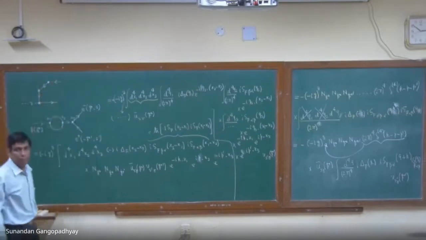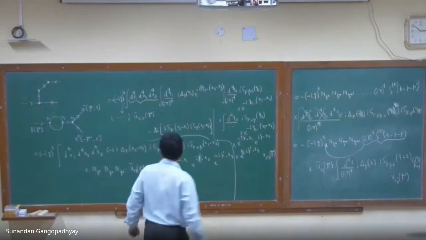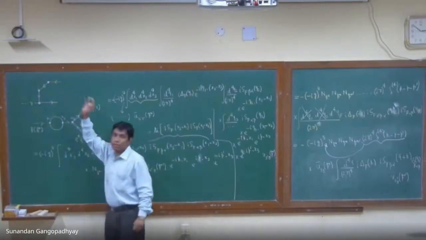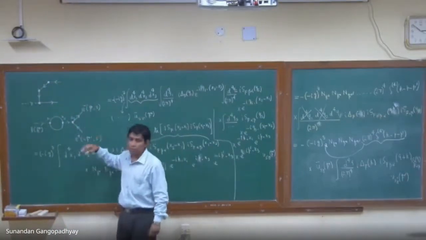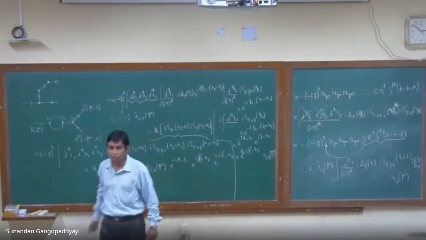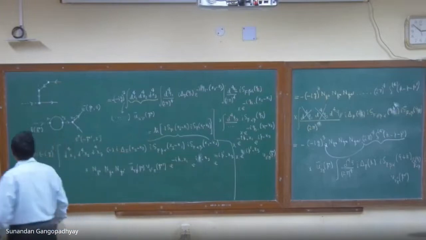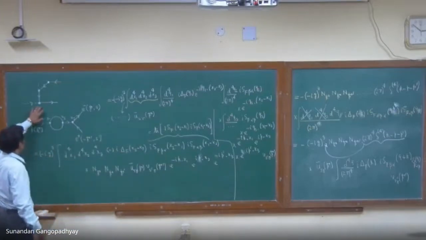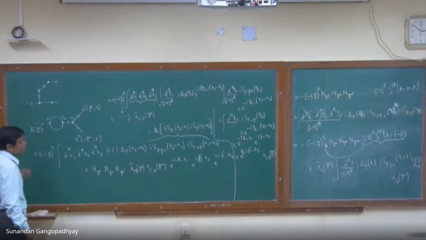You can write it in position space, Fourier transform and get to that expression, or you can directly write down the Feynman rules in momentum space and see what is the mathematical expression corresponding to this diagram.